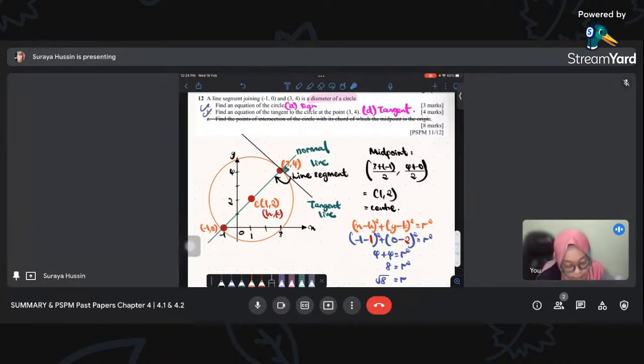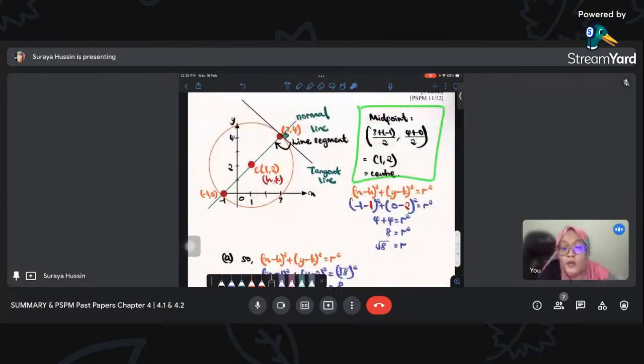Selain daripada nak buat cara panjang, ini pun markah ada 3 je, pendek kan. Lebih baiklah kita guna method midpoint untuk cari center. This is another quick way of finding equation of circle.